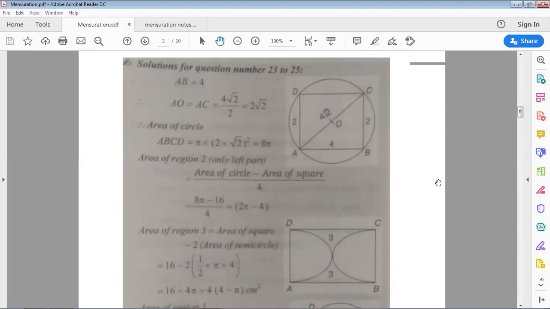See how to proceed with questions that have very complicated figures. The first thing for all of you is to make the diagram easy. Guys, am I audible?